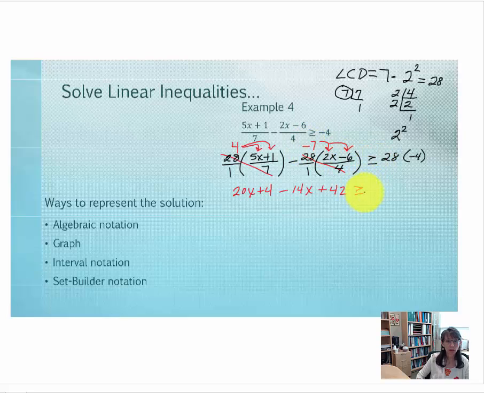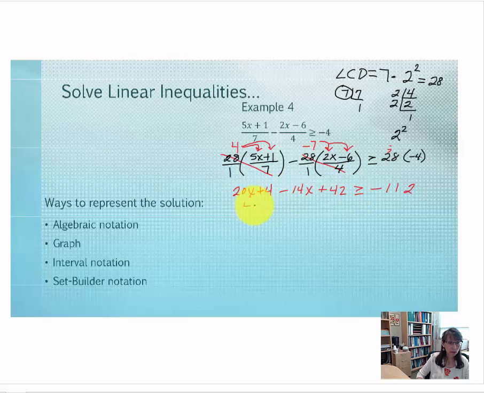And that would be greater or equal to 28 times negative 4. So I know I'm going to have a negative product here. So 8 times 4 makes 32. And 4 times 2 is 8, 9, 10, 11. So negative 112. If there are any like terms here on the left, we want to collect those before we start moving anything across that inequality symbol.